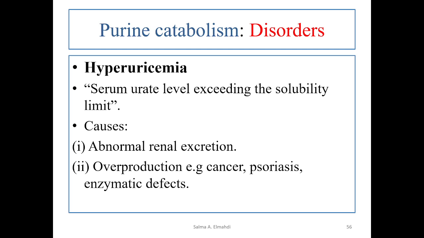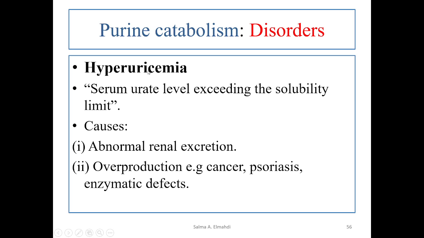We have different subtypes of psoriasis, but generally the concept is similar to cancer, in which there is higher than normal division of cells. Consequently, there is increased production of purines and their catabolite uric acid. Enzymatic defects can also lead, of course, to overproduction of uric acid.